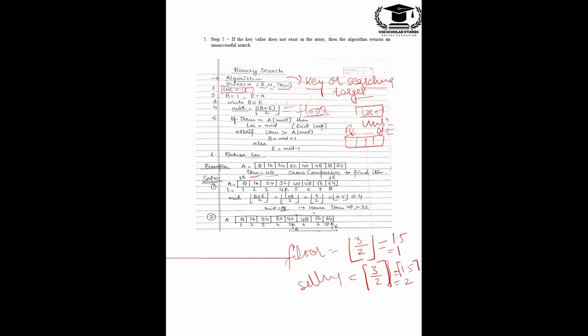First we calculate the mid value. In this case we follow this algorithm, where b is the initial index of the array and e is the ending point of the array, and the mid value is b plus e upon 2. b is 1 and the ending index is 8, so 9 upon 2 is 4.5, and we use the floor value, which is 4. Mid is 4, and at mid 4 the value is 32.